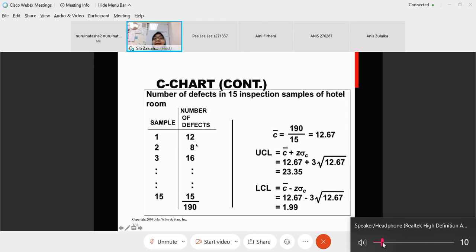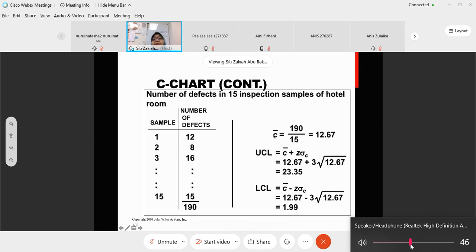Room 2 has 8 defects, room 3 has 16 defects, and up to room 15 has 15 defects. If you total up, it is 190 defects. So we look at this.